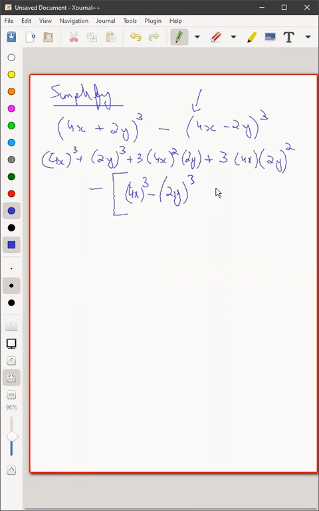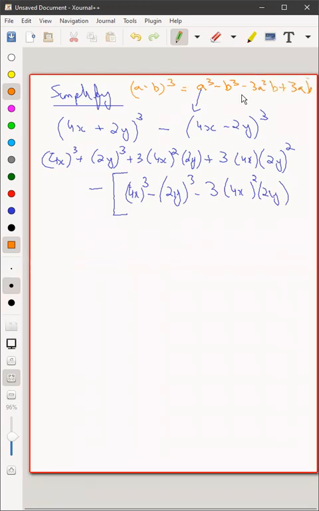Minus 3, 4x and 2y. No, 4x squared into 2y. It's a squared b, remember? Wait, first, what is a minus b, the whole thing cube, Vishwa? A cube minus b cube minus 3a square b plus 3ab square.